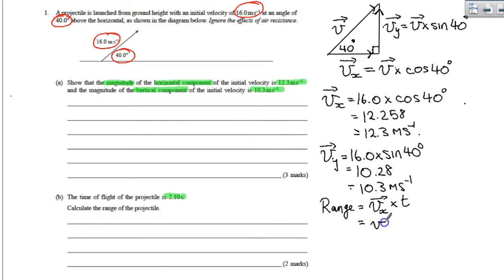Now substituting in our value for Vx, so I'm writing in the complete value 16.0 times cos 40 degrees times 2.10, and this gives me an answer of 25.739, which we can write as 25.7 meters.